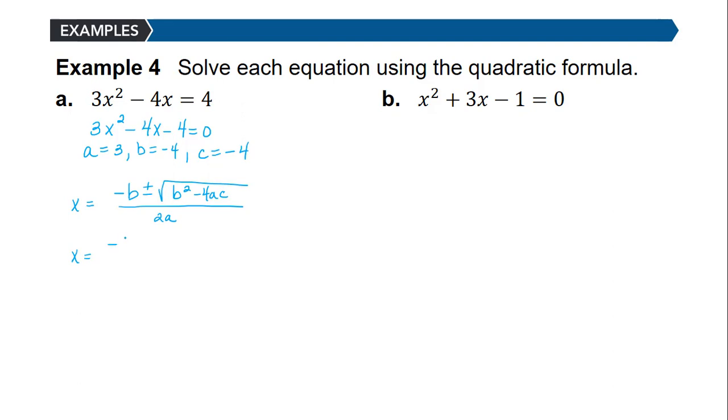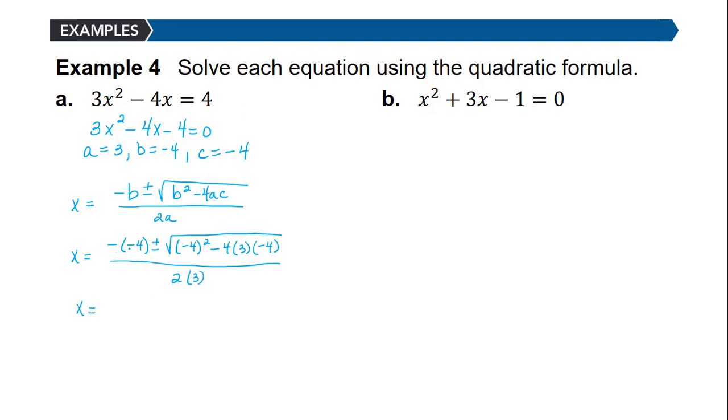We would get the opposite of negative 4 plus or minus the square root of b again, which is negative 4, and be careful to put that in parentheses. Negative 4 quantity squared minus 4 times a, which is 3, times c, which is negative 4, divided by 2 times 3.